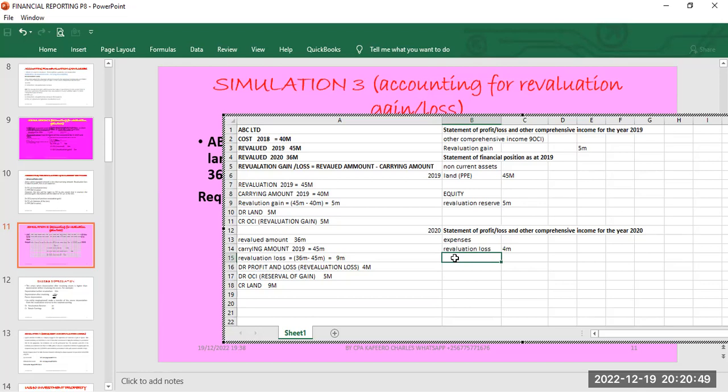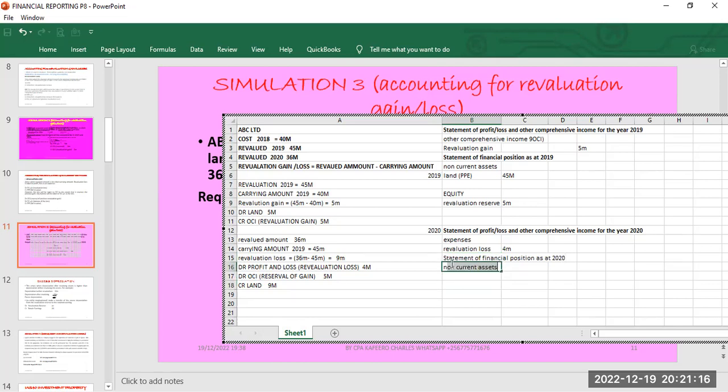Then maybe we can look at the statement of financial position, let me copy also this one. But this one we are looking at 2020.